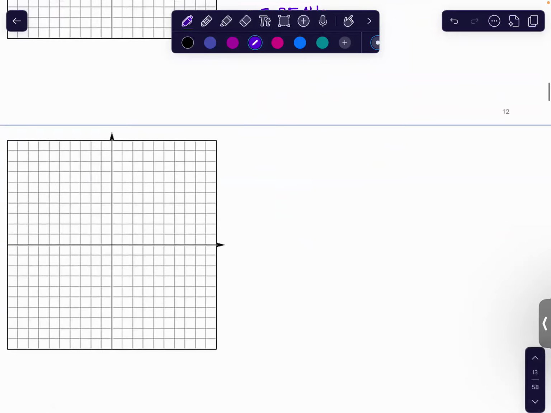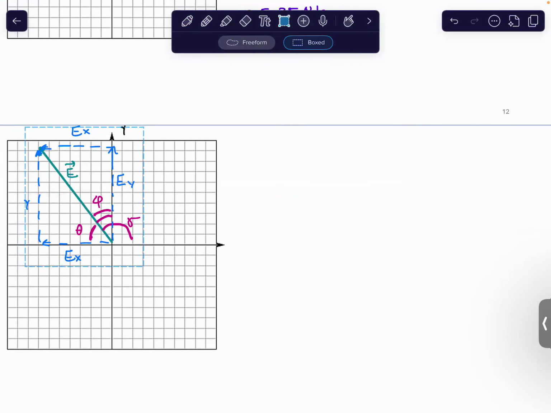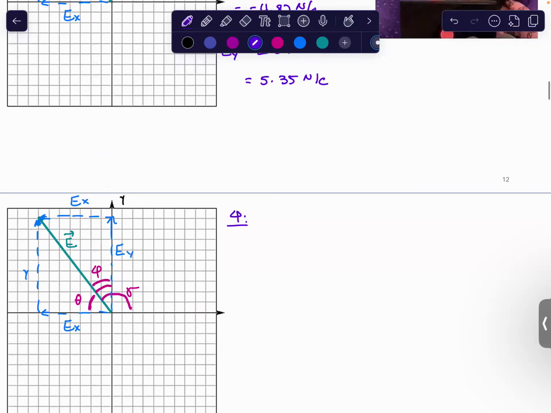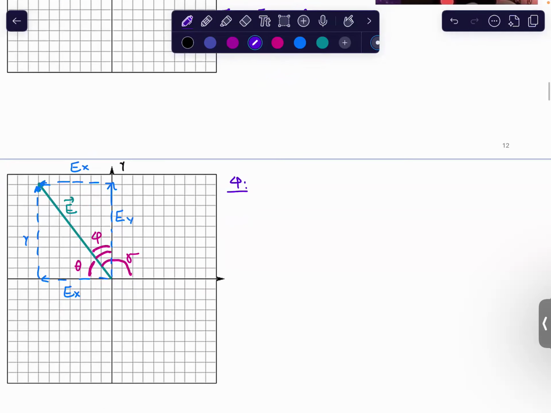All right, let's try. Now let's try it with phi. Okay, so we figured out theta, we know gamma. How do we get phi?